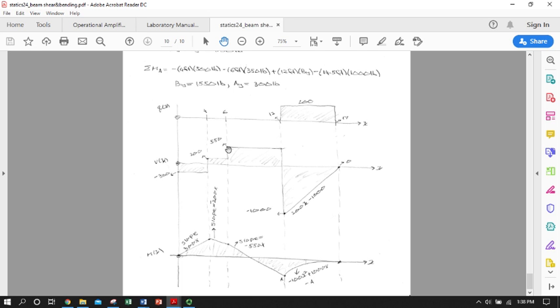And then at this point, the shear goes from 200 to 550, so the slope of the moment line equation goes from a negative 200 to a negative 550, so it plunges downward. So there's a point right here in the middle where the moment is 0.